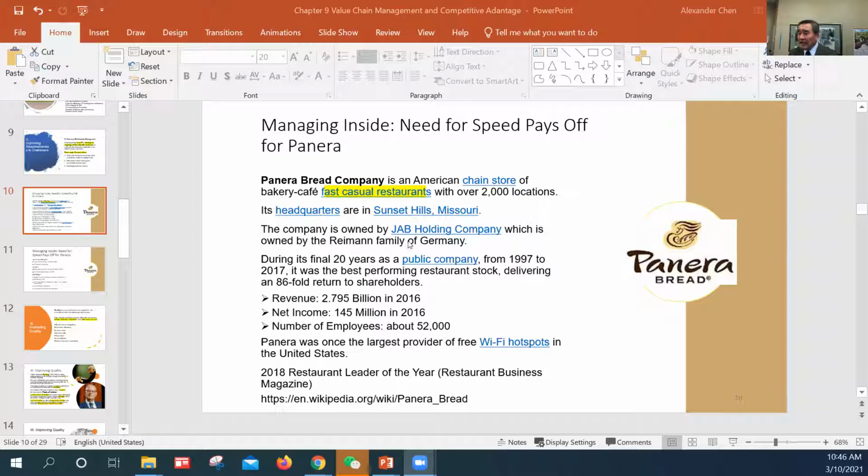And this is a private company of a German family. Why does the company want to buy this public company, Panera Bread, and take it out of trading on the New York Stock Exchange? Why do they want to do that?